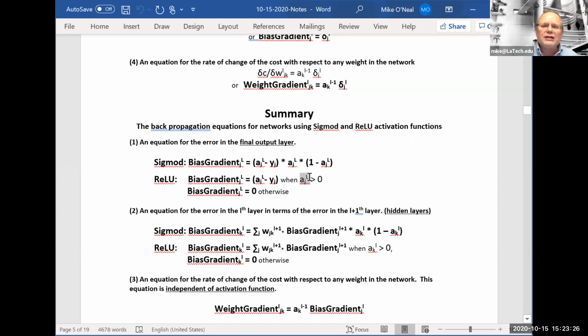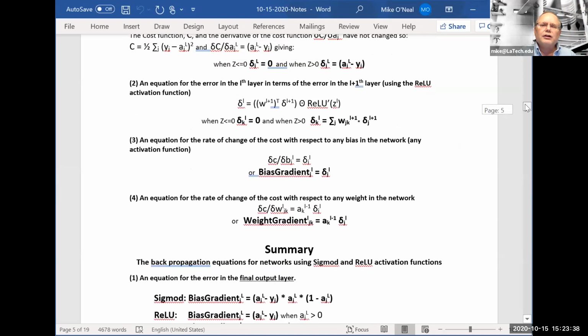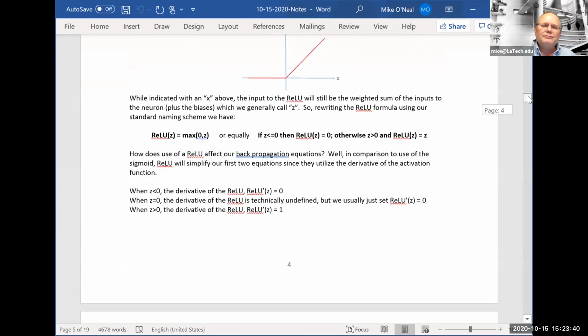I didn't say when Z is greater than 0, I said when the output is greater than 0. And the reason I did that is if you go back and look at the equations, when Z is greater than 0, then the ReLU itself is going to be greater than 0.